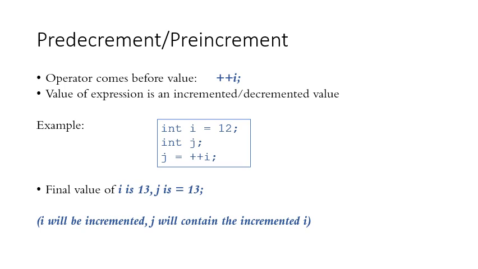Since, as I have mentioned, there are side effects, this operator changes the value of the operand that it is applied to. So i is now equal to 13, and j as well is 13. Essentially i will be incremented and j will contain the incremented i. So now they are both 13.